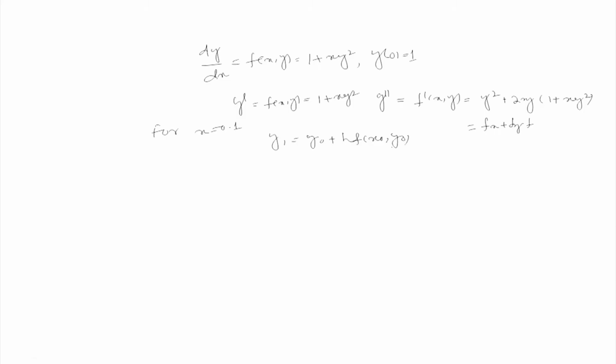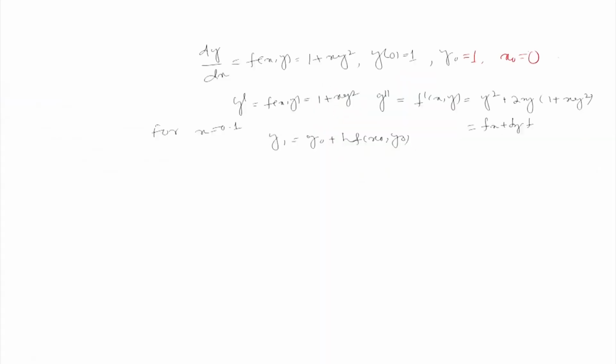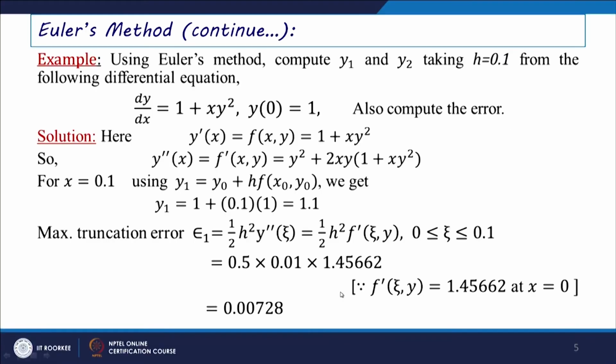So if you just write in this form, since every value is known to us, y0 equals 1 here, x0 equals 0 here. If I use these values, then I can write this as y1, which is 1 plus h, where h is specified as 0.1.